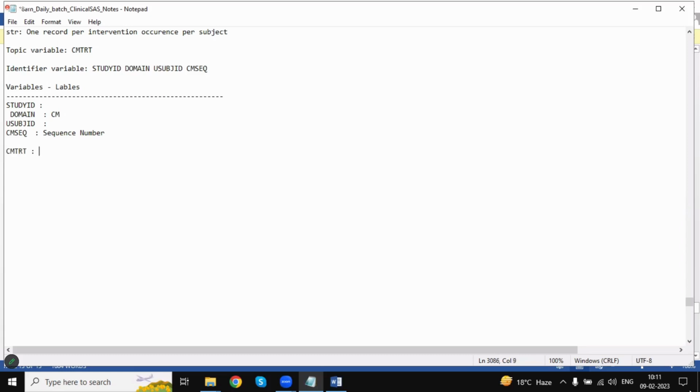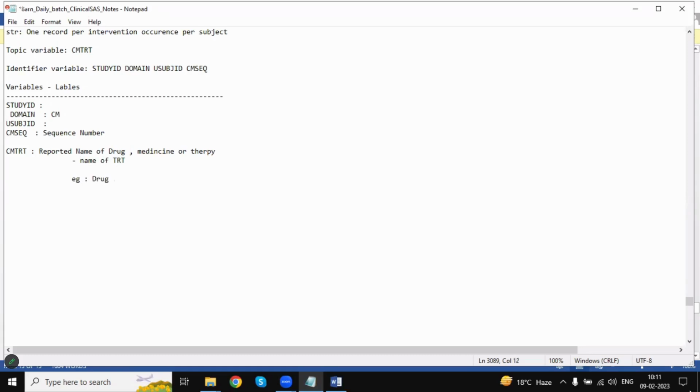CMTRT: reported name of the drug or medicine or therapy. Here we have to capture exactly what drug he took, the name of the treatment. For example, previously he had asthma problems and is taking some extra medication.